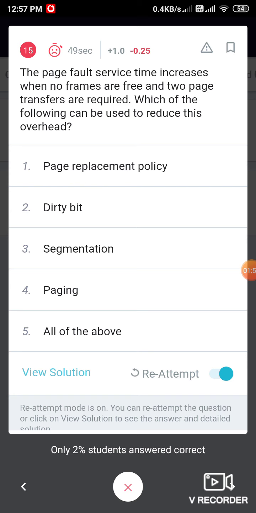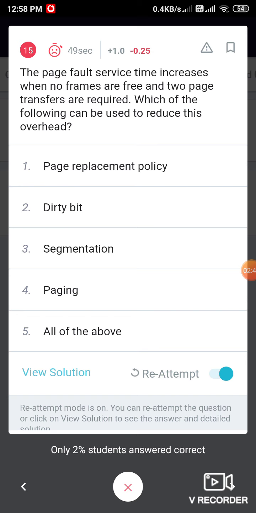Paging is the technique where the logical address space is divided into pages by the compiler or memory management unit. In segmentation, the logical address space is divided into segments. Paging suffers from internal fragmentation, and segmentation suffers from external fragmentation.